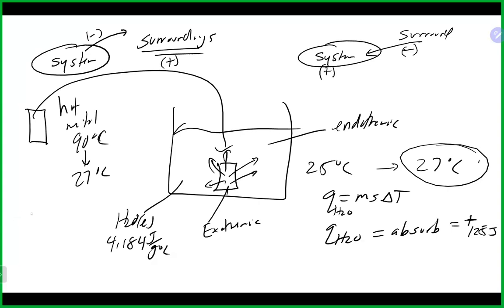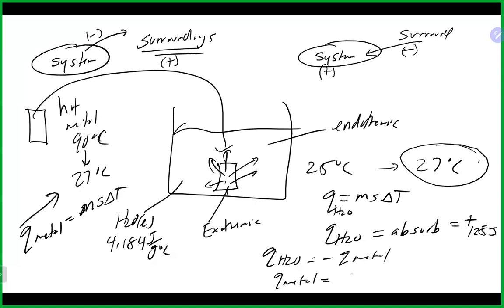What that relates though is we could also then look at the specific heat equation for our metal. And remember that the Q of the water will equal negative Q of the metal, which means that if the water in my made up example here absorbed 125 joules of energy, my metal would release the exact same amount of energy, except that it would be negative for my metal because it's exothermic, given off.